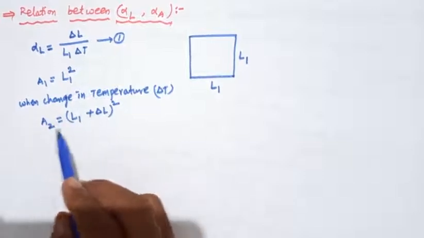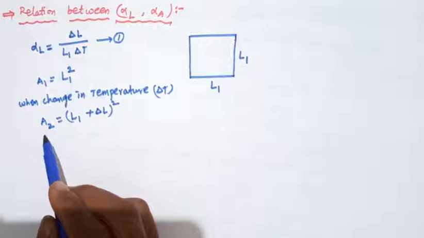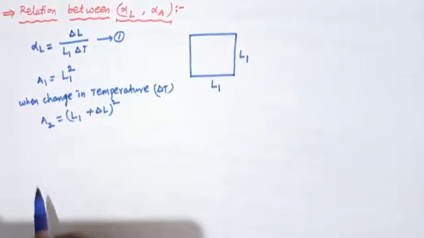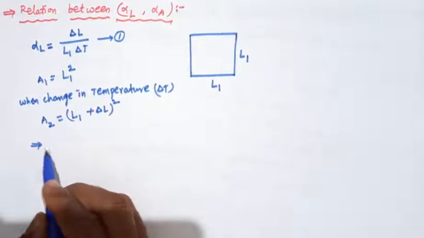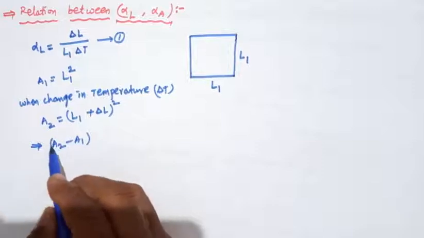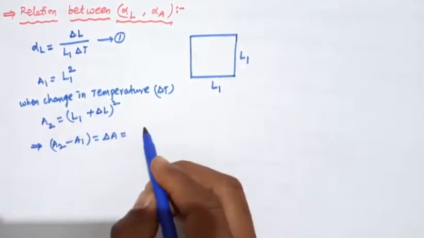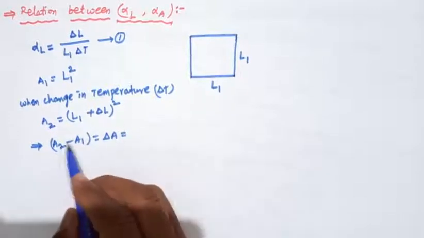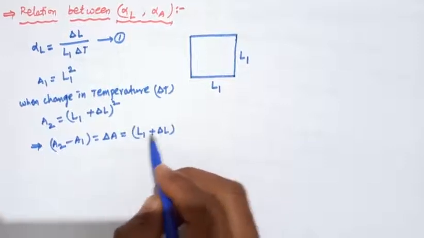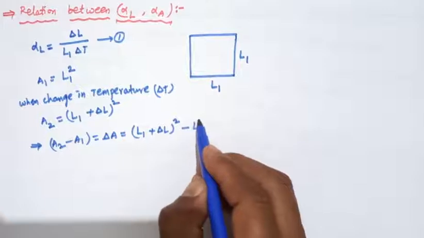The change in area, delta A, equals L1 plus delta L whole square minus L1 square.